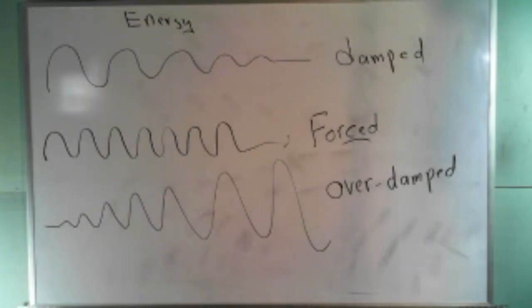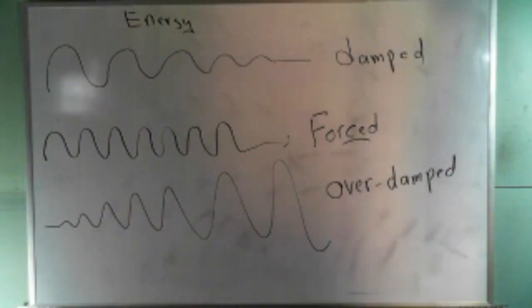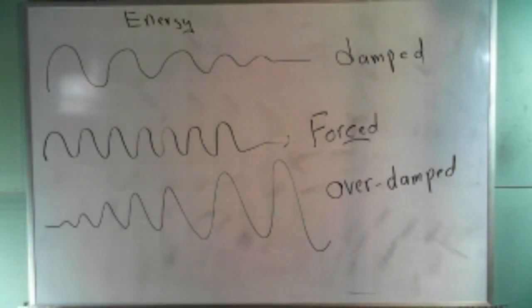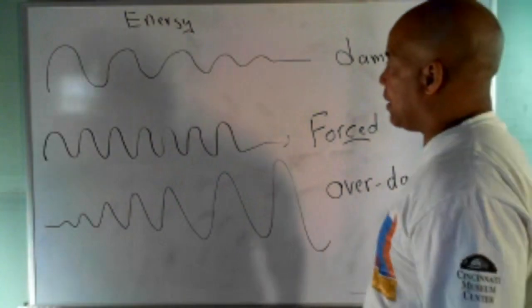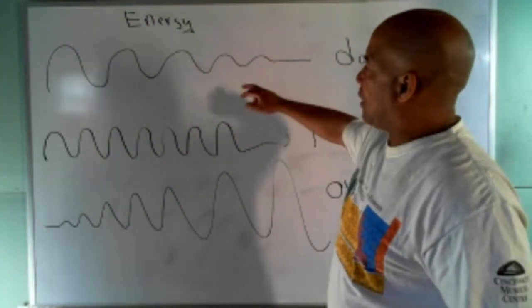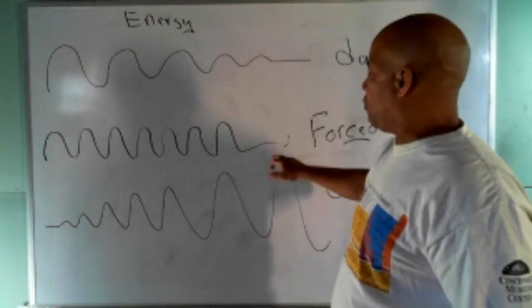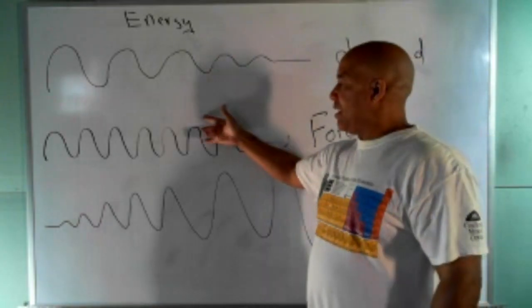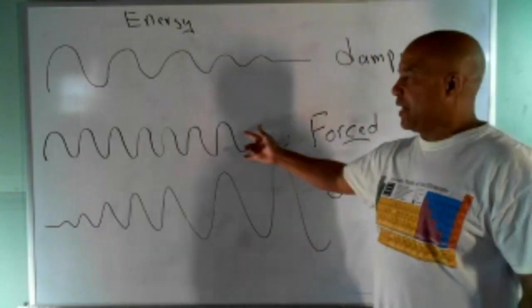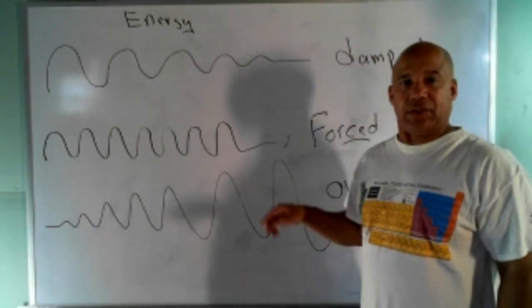Over. Over is correct. Now, how do you go to an overdamped sine wave? How do you make an overdamped sine wave? Well, if I want to go from a damped sine wave to a forced one, what I do is I add energy, the exact amount of energy that's being lost, I add that amount of energy to it.